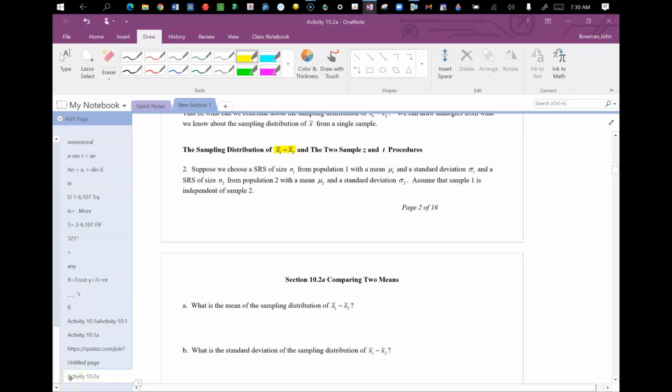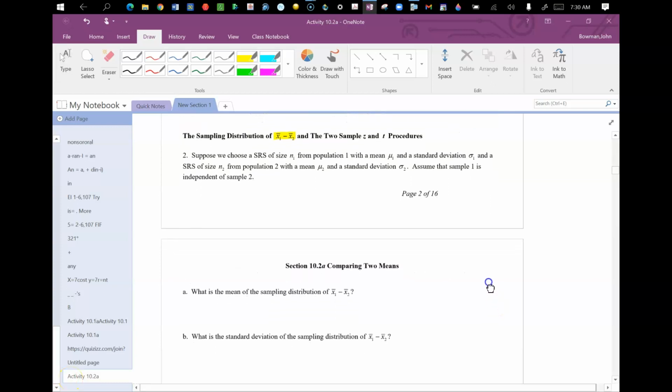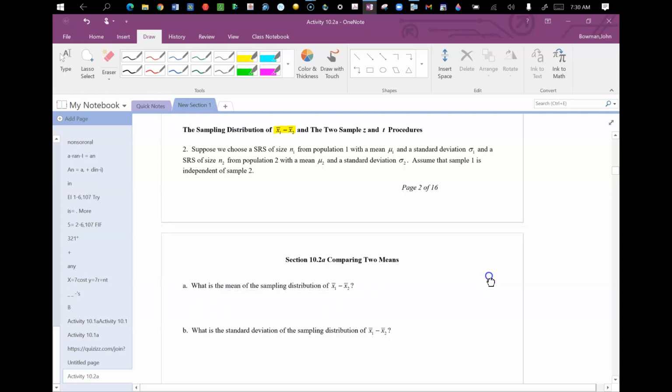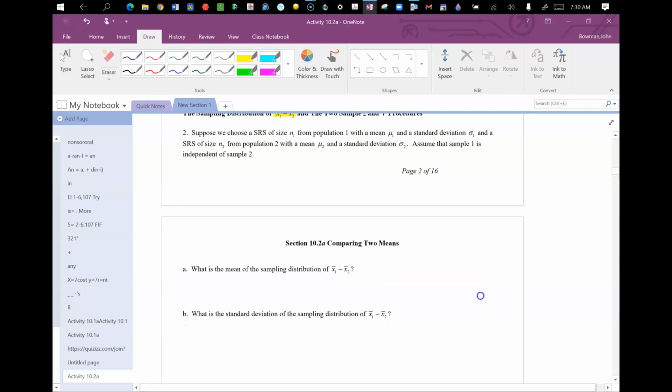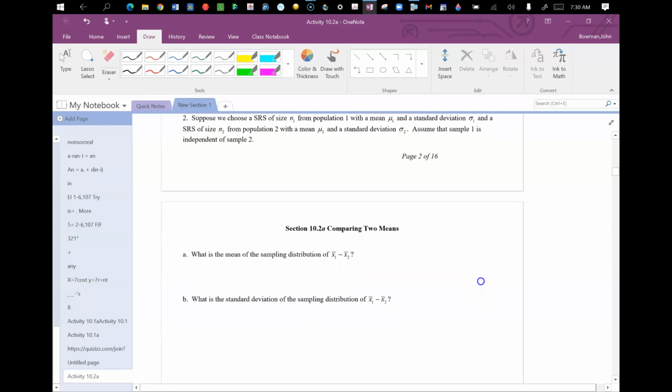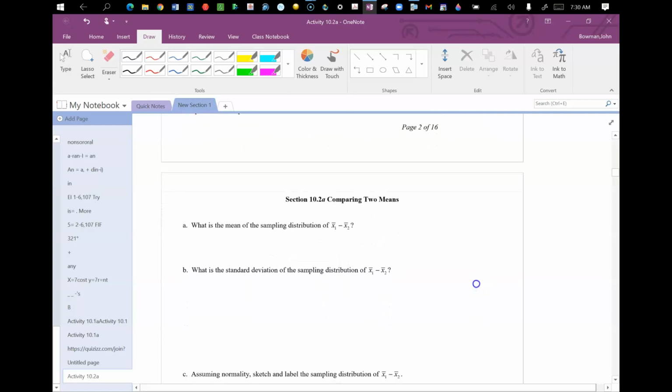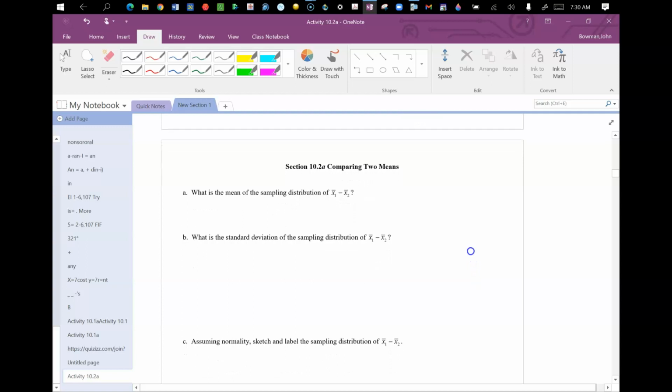So in a method similar to what we did for the mean and the standard deviation of the difference of sample proportions, we're going to establish the mean and the standard deviation of the difference of sample means. So you can think of 2 sample means as 2 random variables because the samples are randomly selected, and we're going to start out by assuming that the samples are independent of each other.